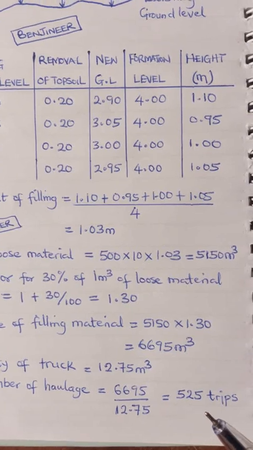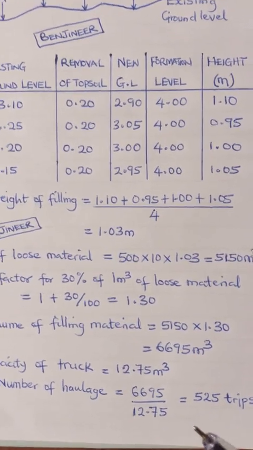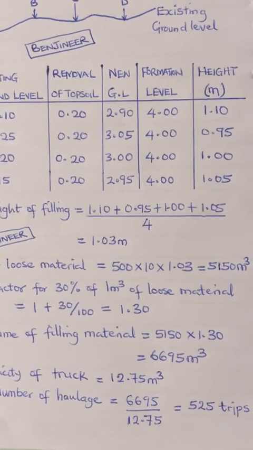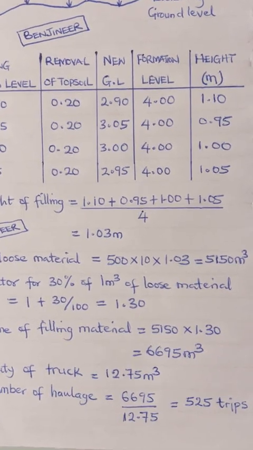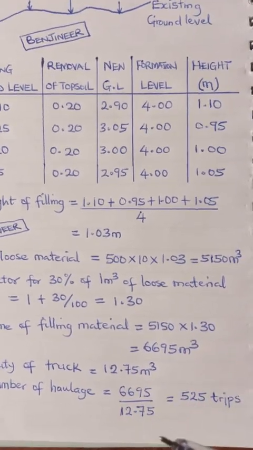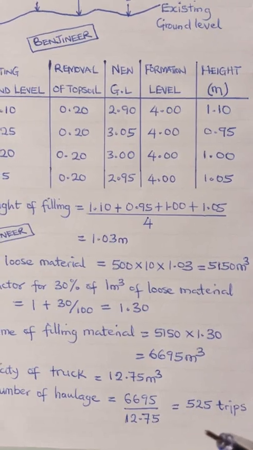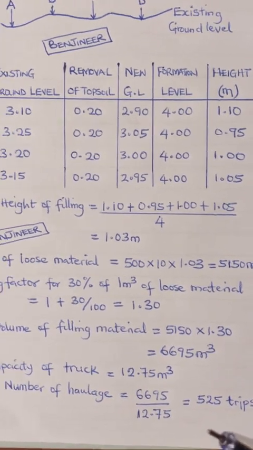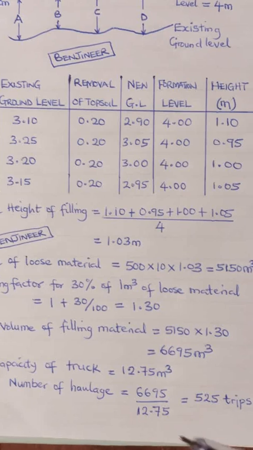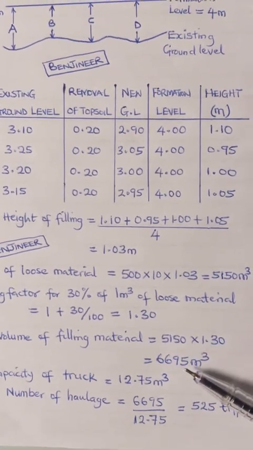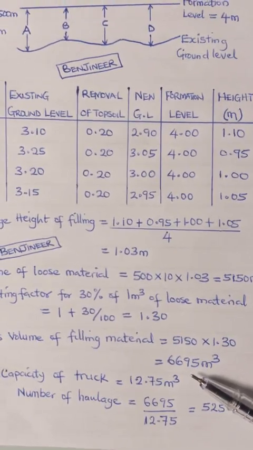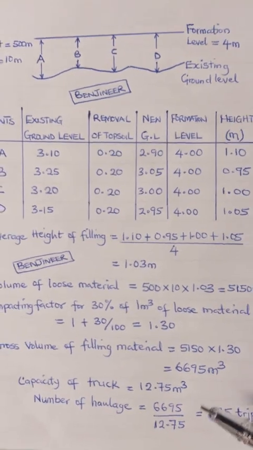That will give us 525 trips. So it means the truck is expected to move 525 times to be able to get this required volume of filling material.